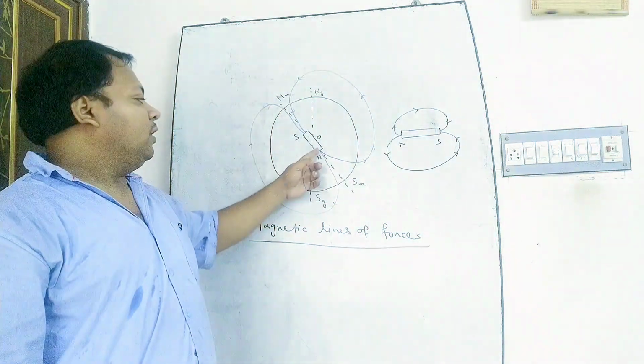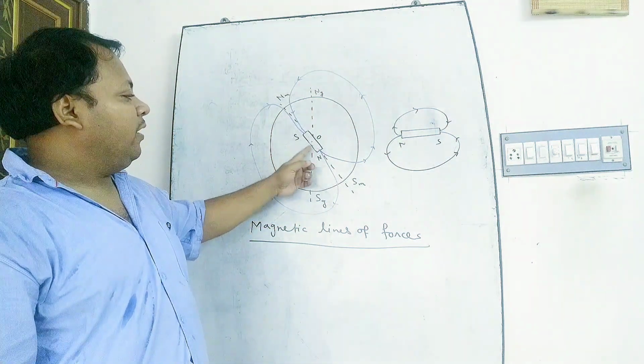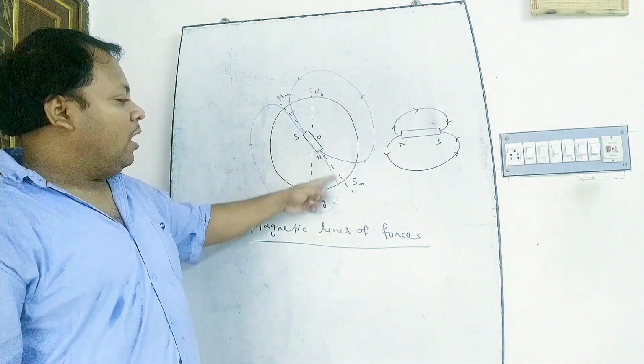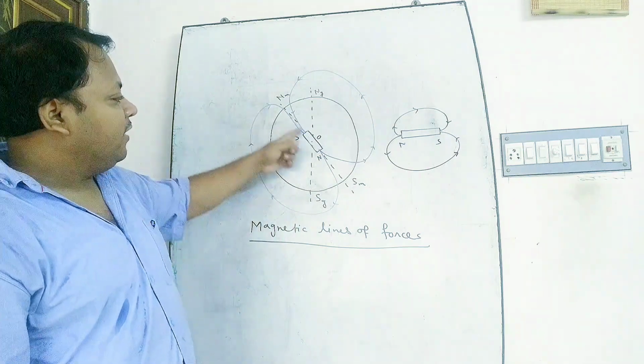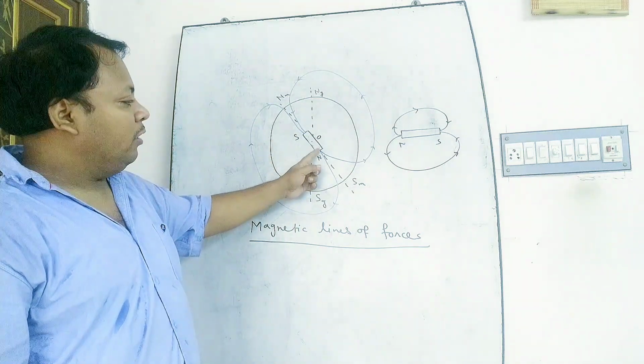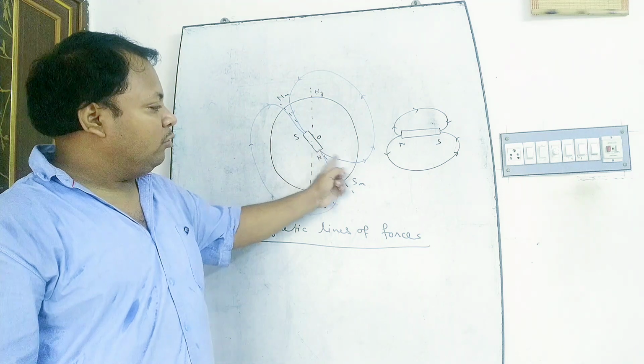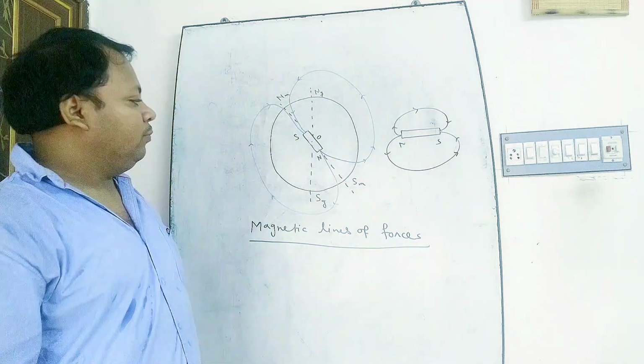That's why the lines of force of the bar magnet start from the north pole and end at the south pole.